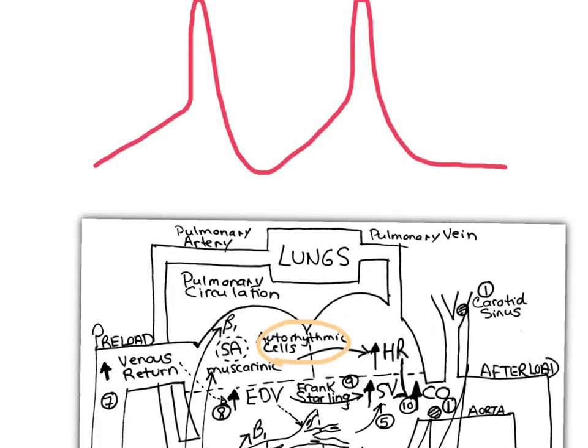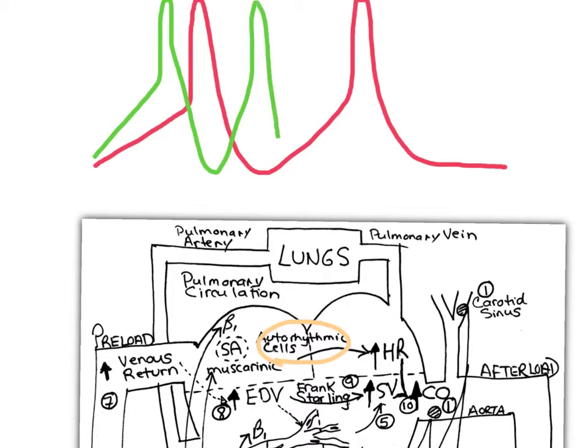If we want to increase the firing rate of these, all we have to do is increase the rate of depolarization. It will bring it to threshold quicker, and you will get an increase in the firing rate. As a result of an increased firing rate, you will increase heart rate. As a result, you will increase cardiac output.